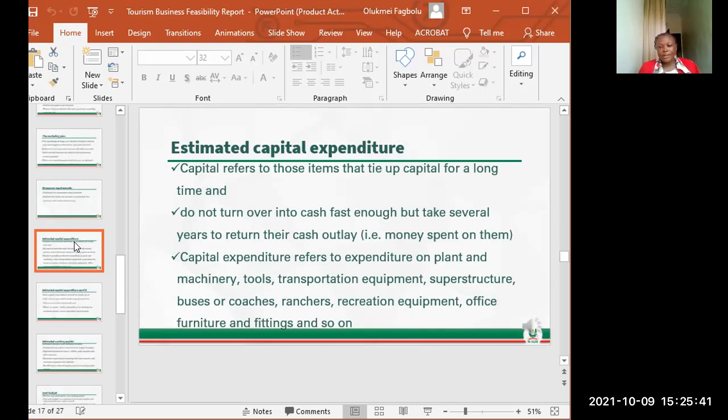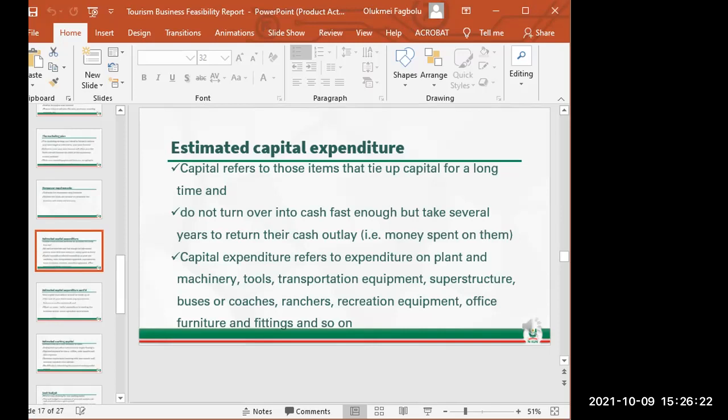Expenditure on plants and machinery, tools, transportation, equipment, superstructure, and so on. Because of the nature of the business, it can also include coaches, rangers, buses, and so on and so forth. It can also include recreational items, furniture and fittings, and what have you.